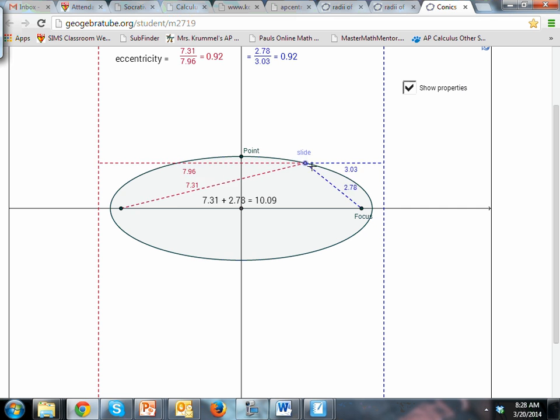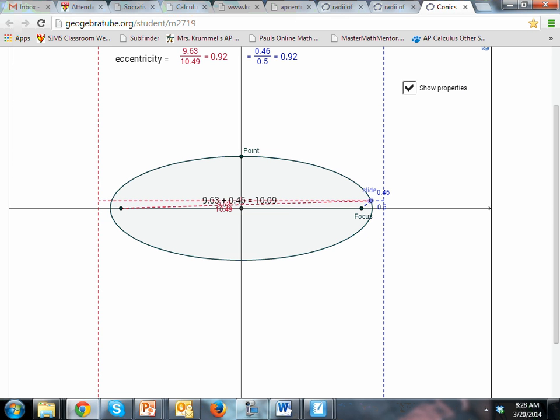When I get to my major axis, I have a red line that stretches from focus all the way to the vertex, correct? So how far is that? How far is it from here to here? How far? a. Okay, so let's write this.